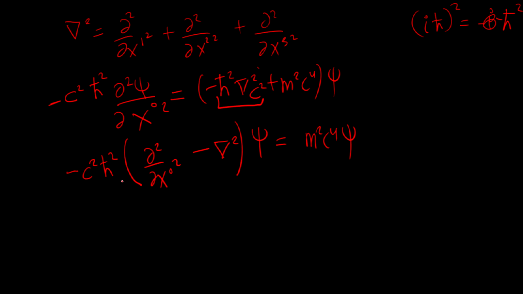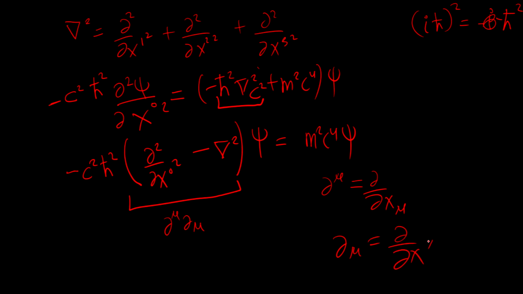Now this particular thing in 4 vector notation is del mu del nu. This is contravariant, this is covariant. And where this del nu can be written as d over dx nu, with a lower index, and this can be written with the upper index.